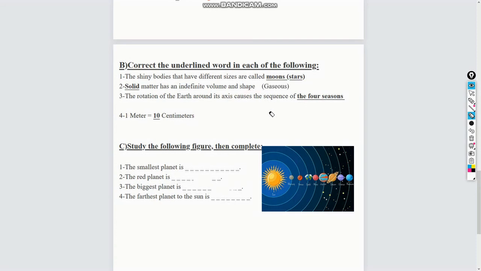So, gaseous matter has indefinite volume and shape. The rotation of the Earth around its axis causes the sequence of the 4 seasons? No, it causes the sequence of day and night. 1 meter is equal to 10 centimeters? No, the correct answer is 100 centimeters.